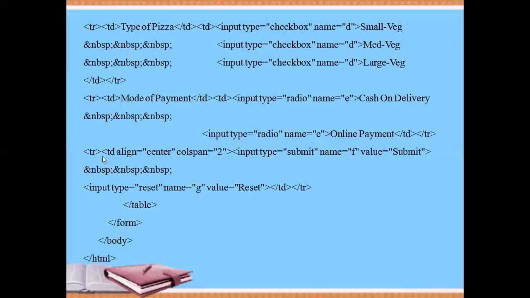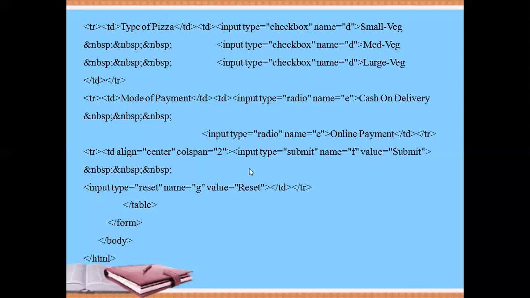And lastly, you are giving the 2 action controls, TR in one cell, TR align, TD align is equal to center, col span is equal to 2. Here there's only one control displayed, input type is equal to submit, name F, value submit, and then space and input type reset, name G, value reset.